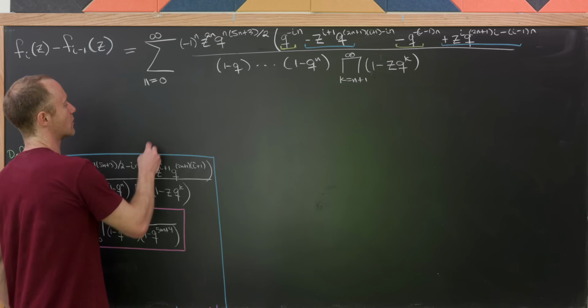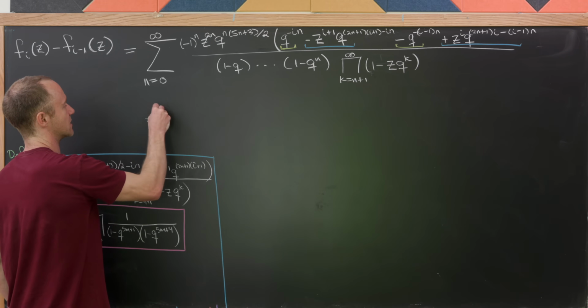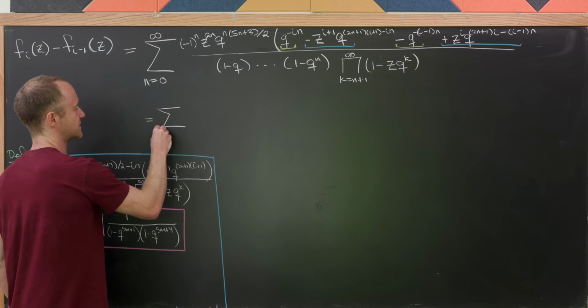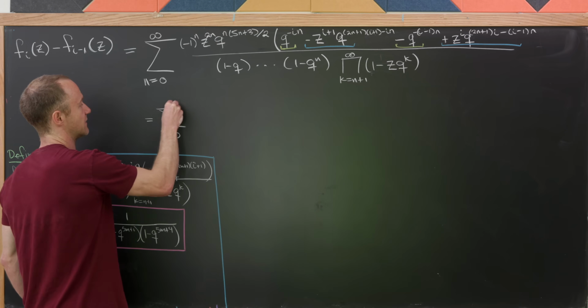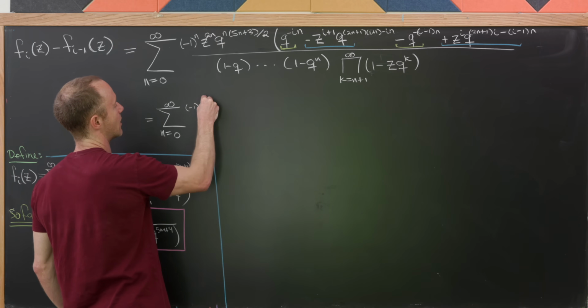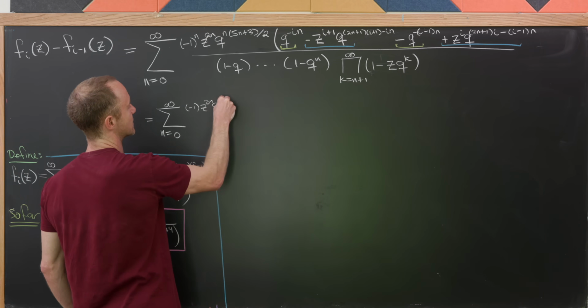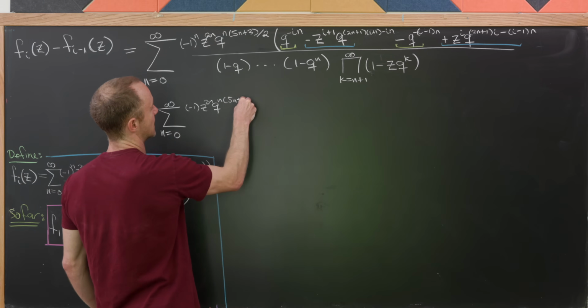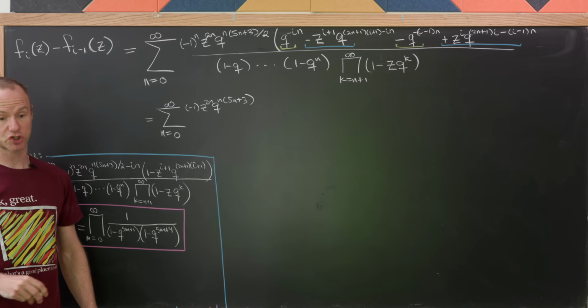Okay, so let's start with the yellow underlined term. That's going to be our first sum, going from 0 to infinity, (-1)^n. I'm just copying down all of the stuff that doesn't change first. A lot of stuff is not changing, so that's kind of a chore.